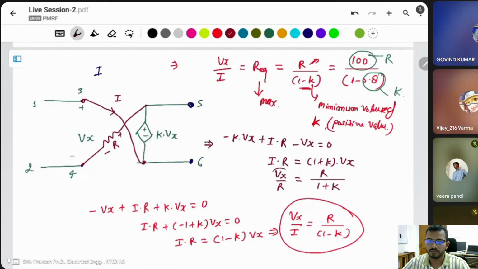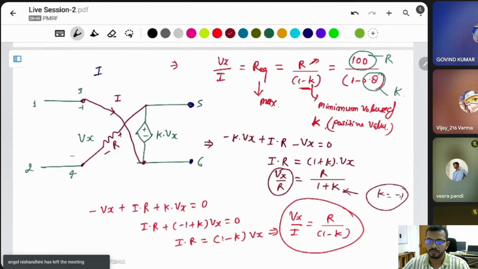In this case, if you take k is equal to minus 1 as the minimum value, taking all of the maximum, then this will be infinity, then open circuit is there. But there is some little bit confusion in this question, not given properly where you have to connect.